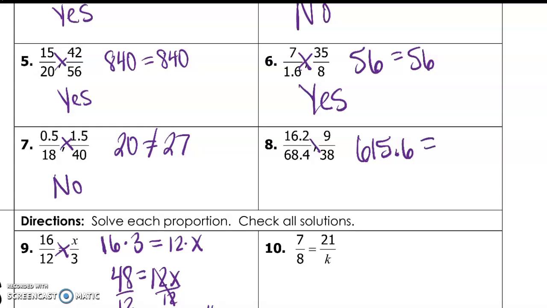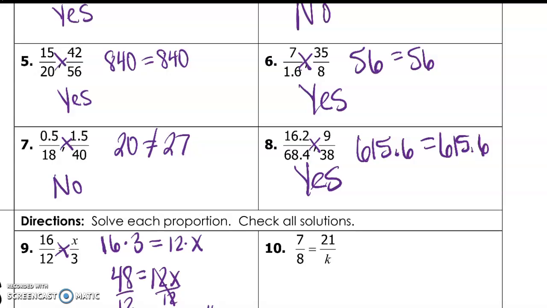Does that equal 68.4 times 9, which gives me 615.6? So yes. So it might be weird numbers, but you still just multiply the ones that are diagonal to see if it ends up being the same number.